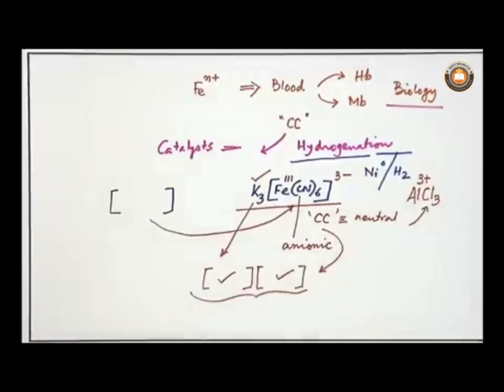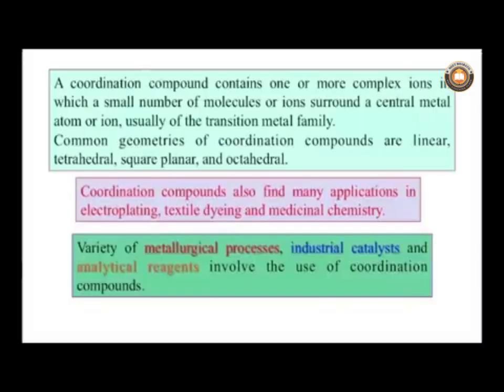That tells us that there are one or more complex ions, which is important. At some time we can have both the cationic part as a complex entity and the anionic part also a complex entity, where a small number of molecules or ions surround a central metal atom or ion.